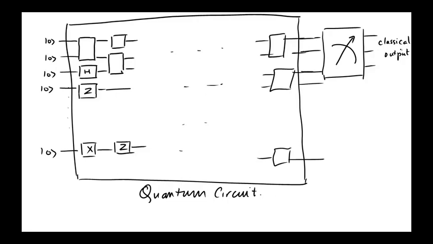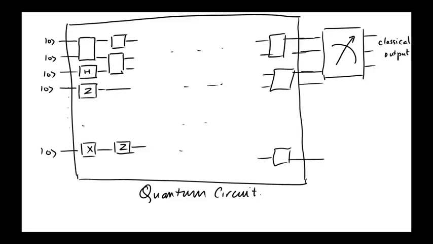Now there's a question: what kind of gates should we allow in this quantum circuit? Well, let's look at the corresponding question on the classical side. If you have a classical circuit, what kind of gates should one allow?